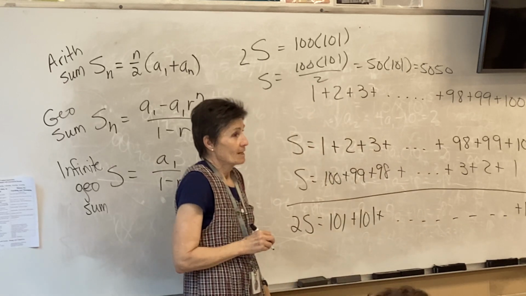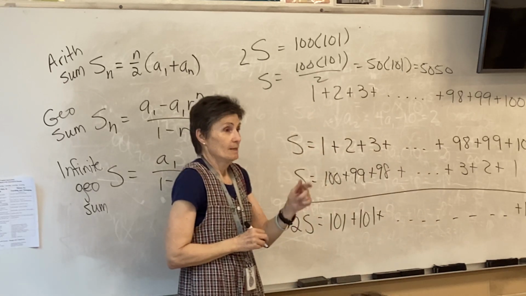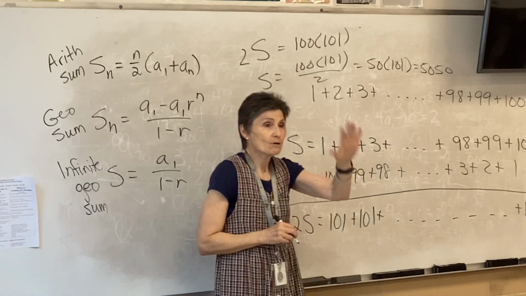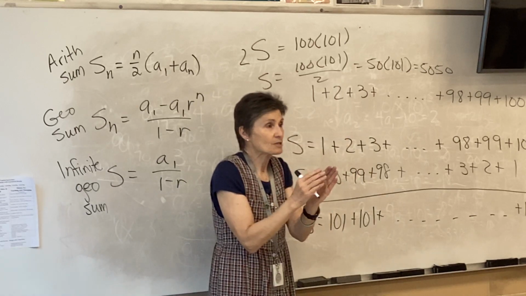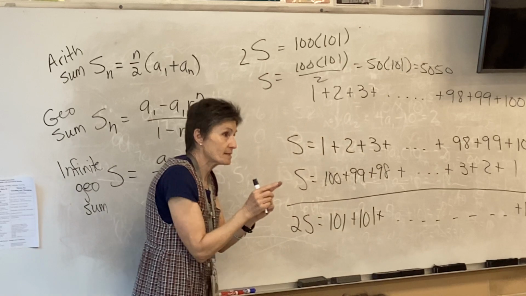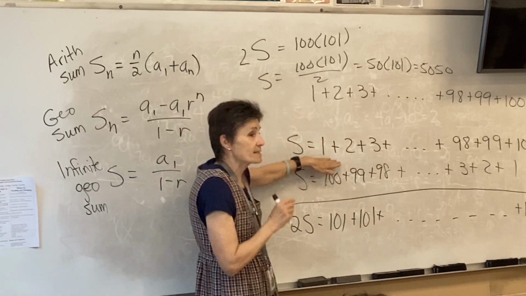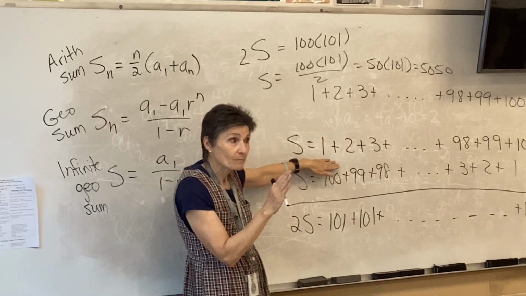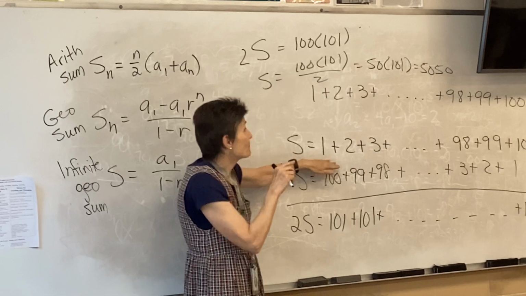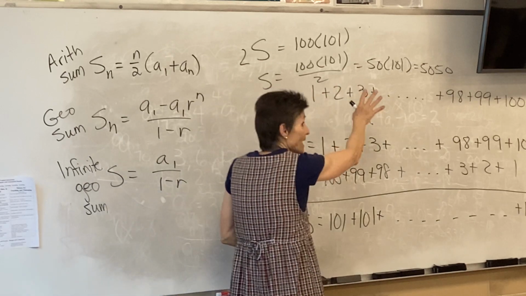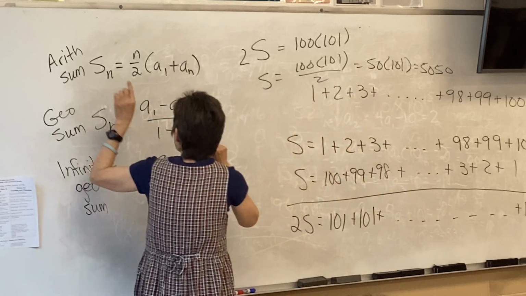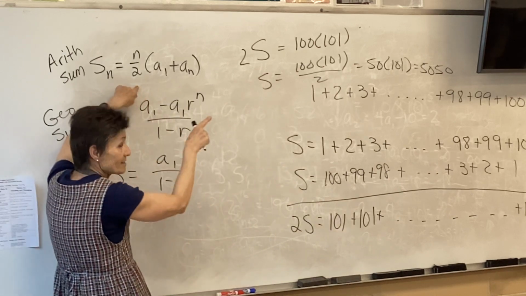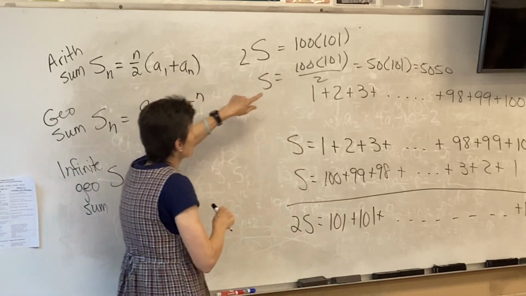Yeah. Now, here's the deal. Why am I telling you this story? Because this sequence is arithmetic, right? Going up by 1s. He summed an arithmetic series, and our formula is that. Because what's the n?